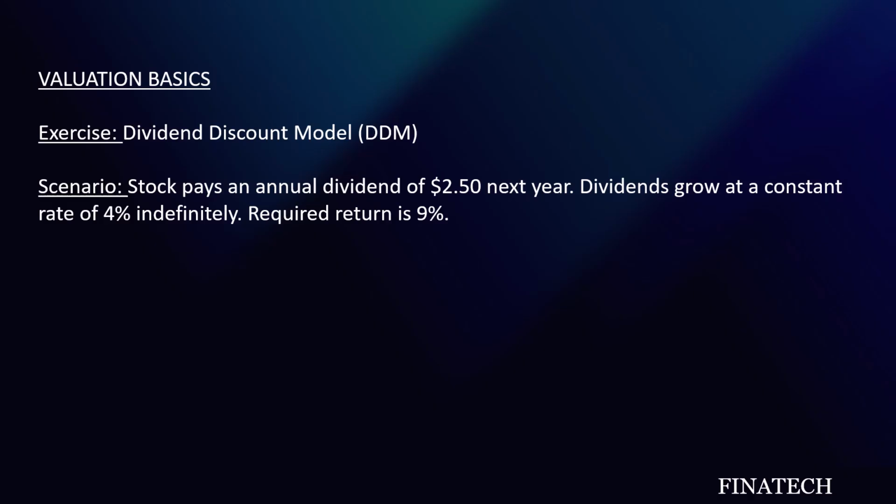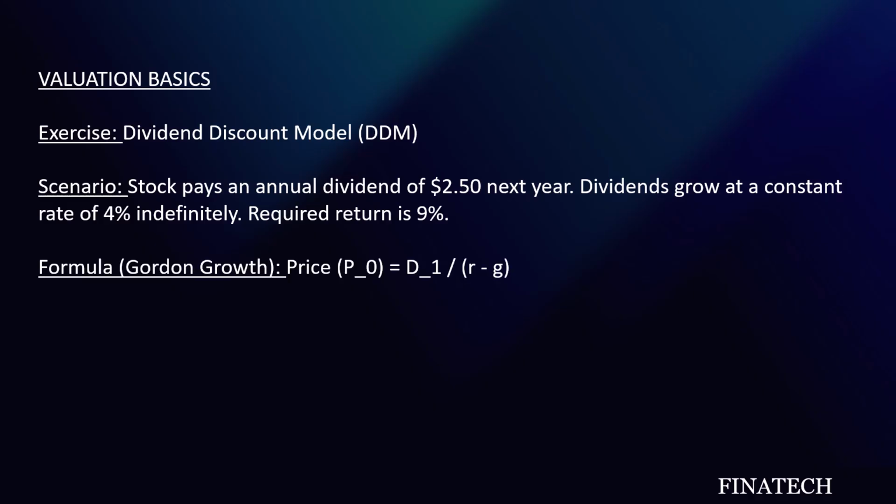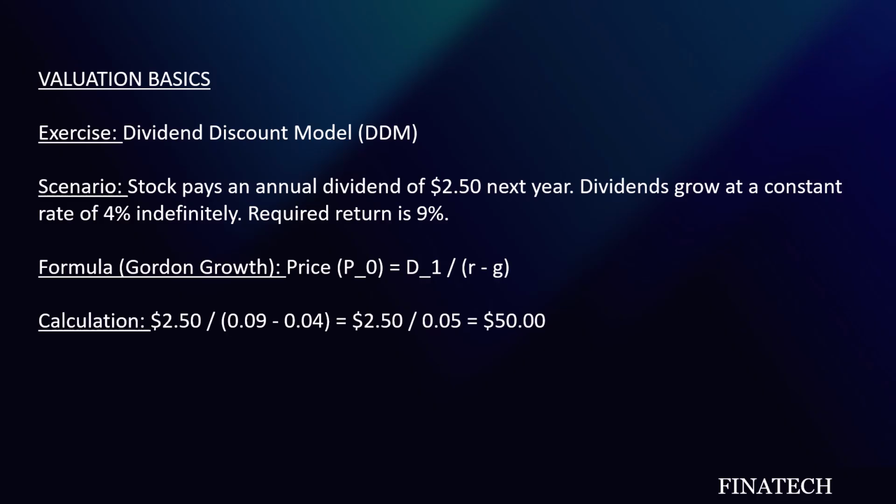Required return is 9%. Formula to calculate: the Gordon growth model. The Gordon growth model was in our last lessons. After calculation, we had $50.